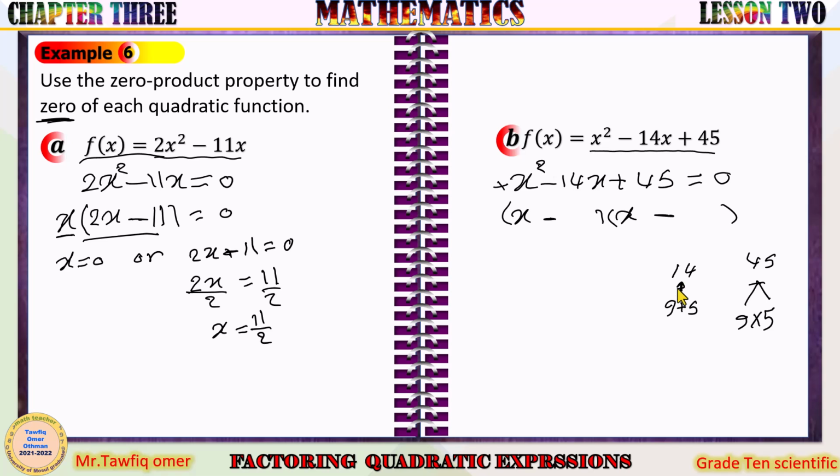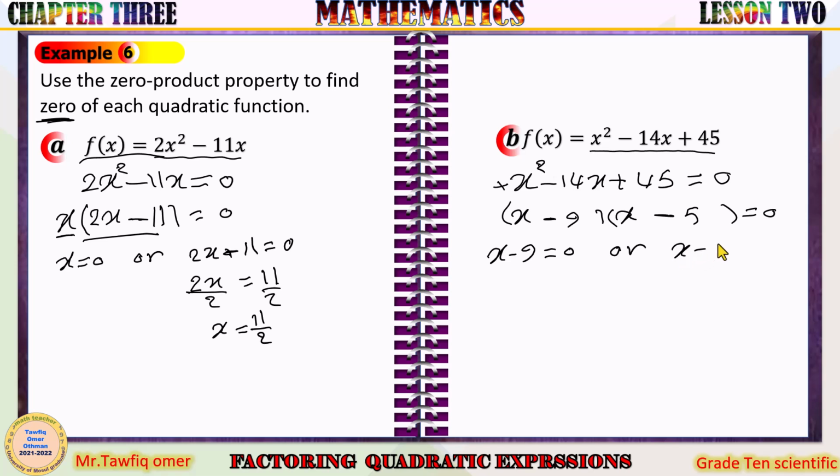So we can use these two numbers: x minus 9 times x minus 5 is equal to 0. And now we can say that x minus 9 is equal to 0, or x minus 5 is equal to 0.